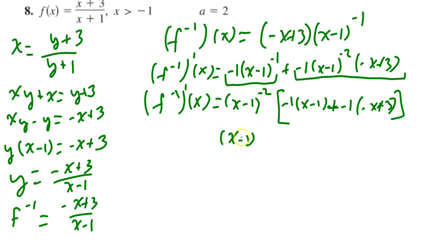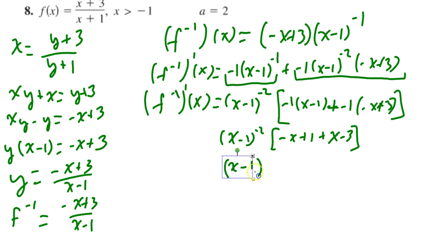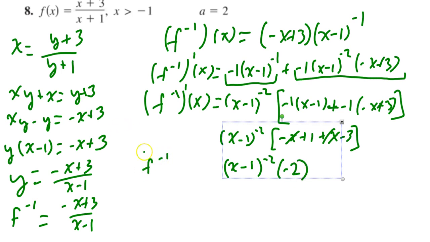I can get x minus 1 to the negative 2 times negative x plus 1, and then plus x minus 3. Okay? Which becomes x minus 1 to the negative 2 power. I think the x's cancel, and I'm just left with times negative 2. Wow, that really simplified nice and pretty, didn't it?